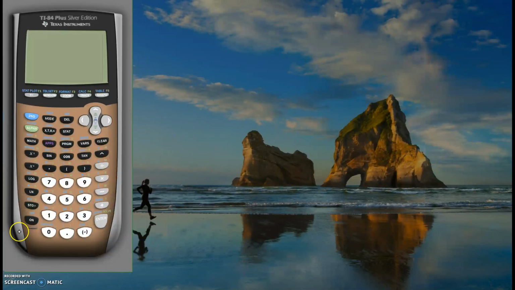And I'm going to turn it on, clear what's there. I'm going to do the alpha y equals enter feature so I could type 1/3 the way that I see it. So 1/3 of pi times the radius of 1.5 squared times the height of 15.